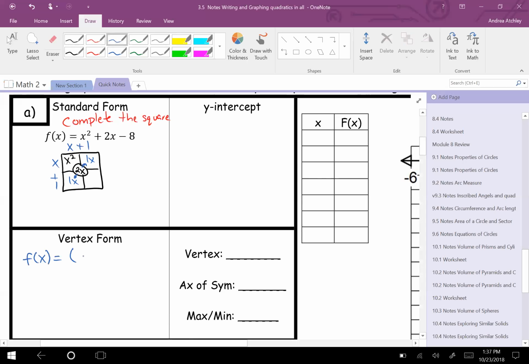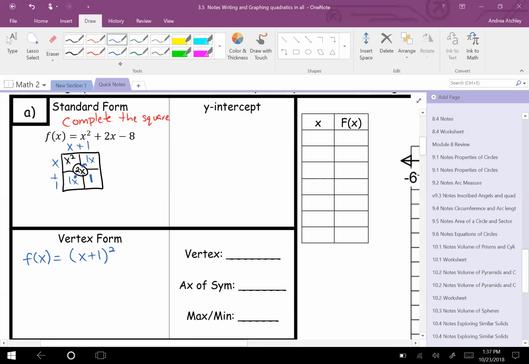So far I have f of x equals x plus 1 squared. Now if I had x plus 1 squared, what would go in this box? 1 times 1 would be 1. But I don't have a constant of 1. I have a constant of -8.